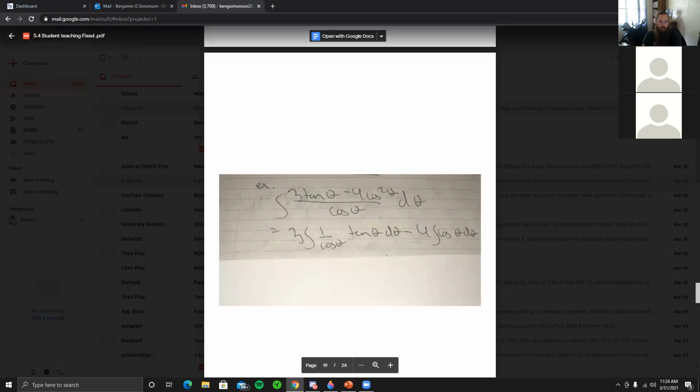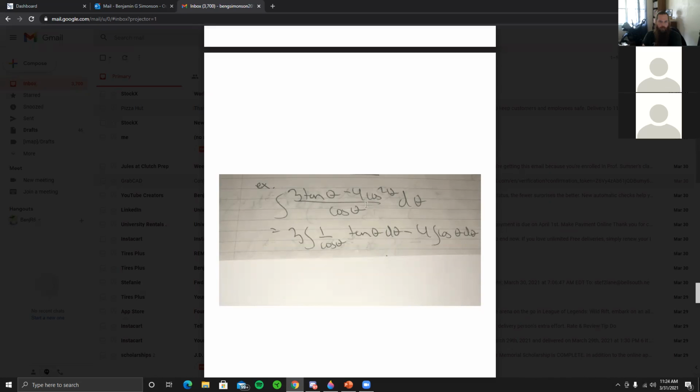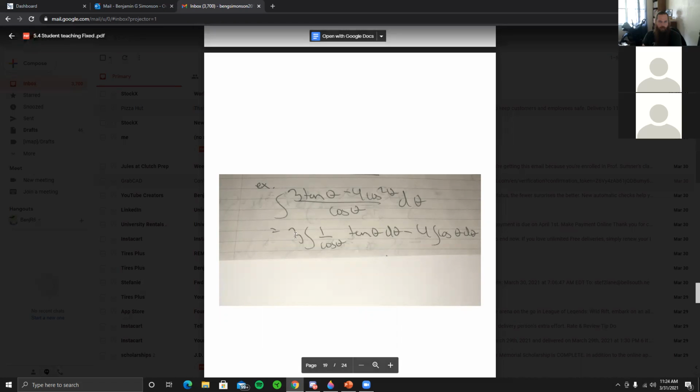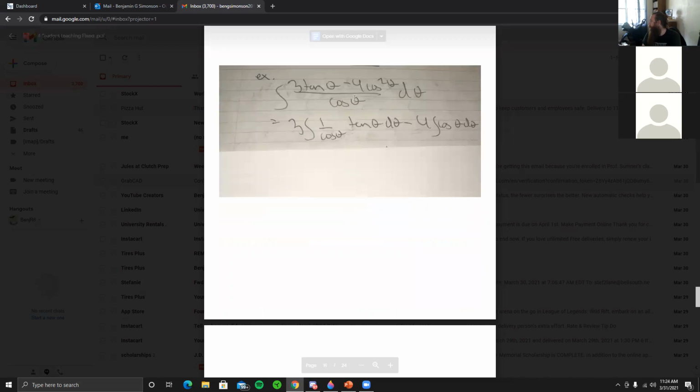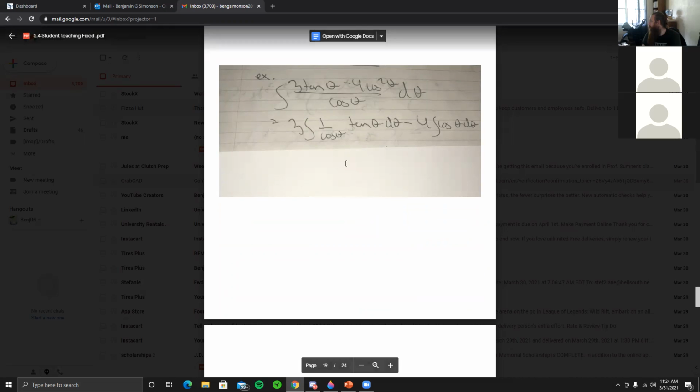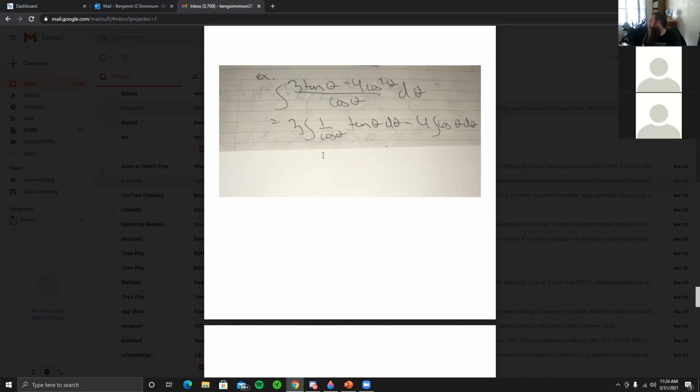Applying the coefficient rule, we can take the 3 out and the 4 out. So we'll have 3 times the integration of 1 over cosine theta times tangent of theta d theta minus 4 times the integration of cosine theta d theta. And now here we have something that we can find on the chart.